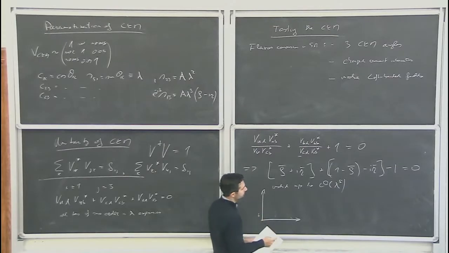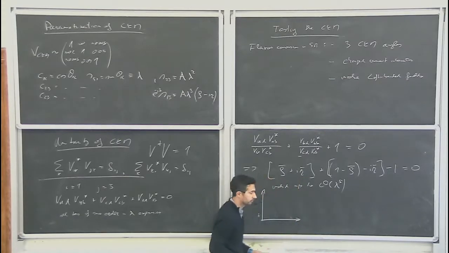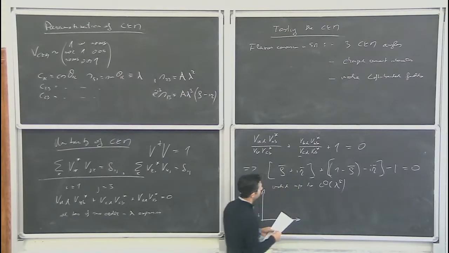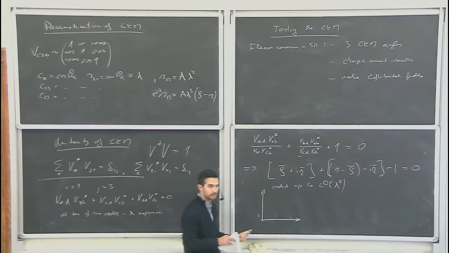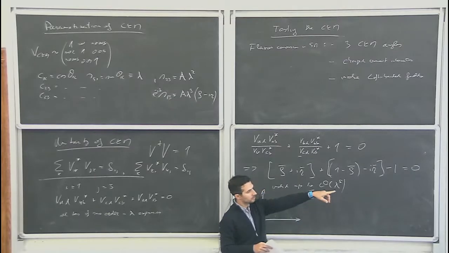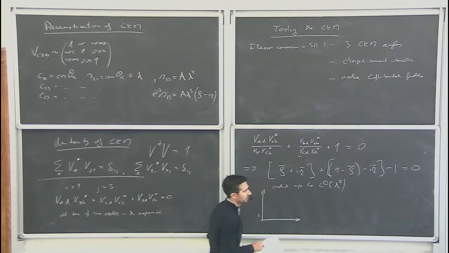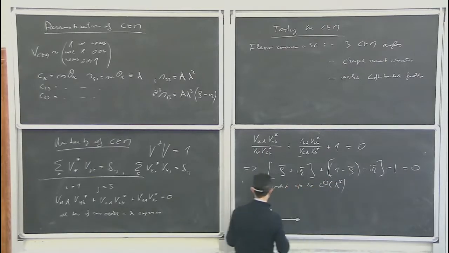And the parameters which enter are rho bar and eta bar. So we don't have any dependence on A and lambda in this particular relation once we've summed up the lambda squared correction into the quantities rho bar and eta bar.